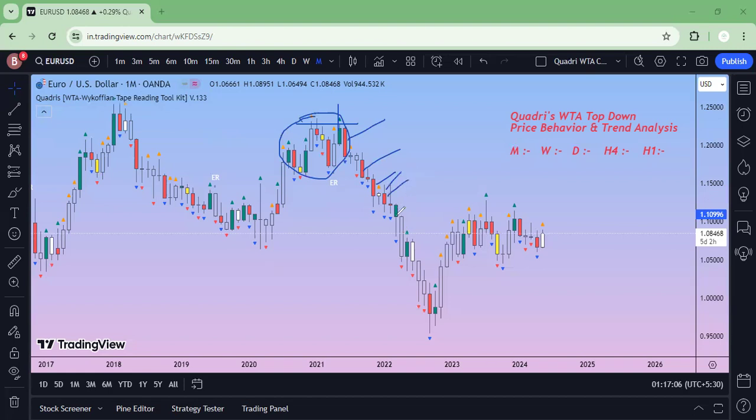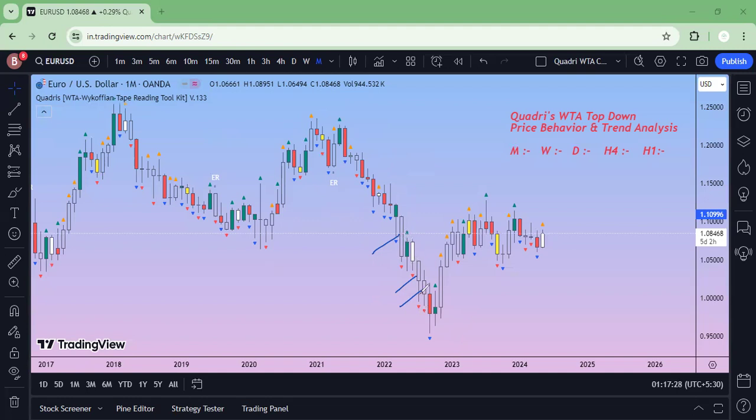So till this point, this was the first demand generation point, demand coming into picture. As we are approaching downwards, you can see we are seeing weak supply. What does that mean? There are two things.